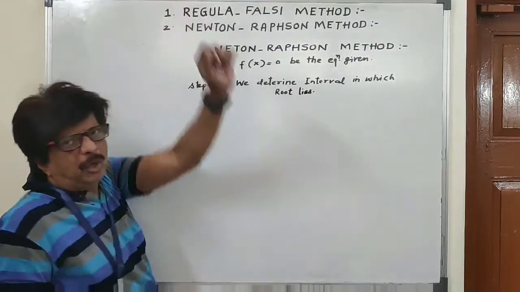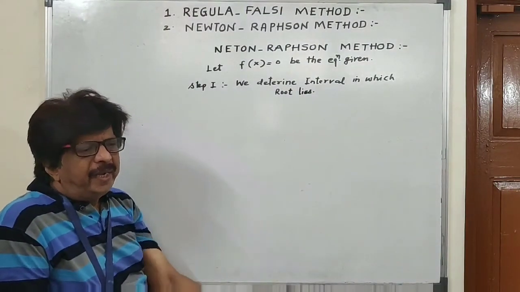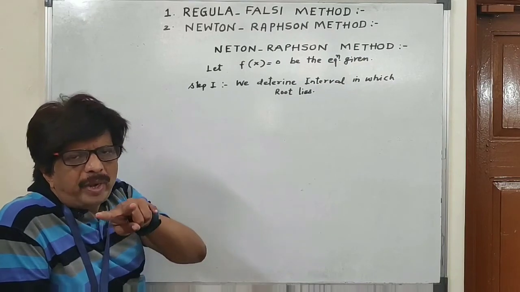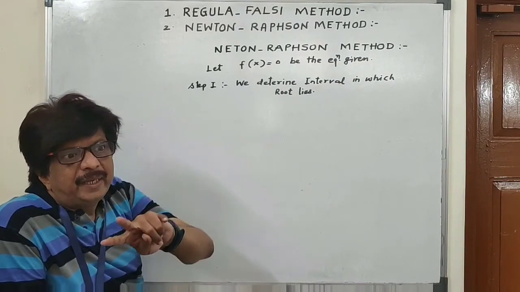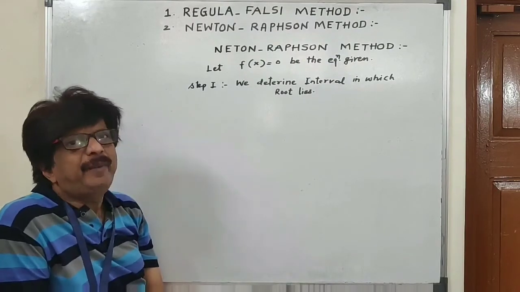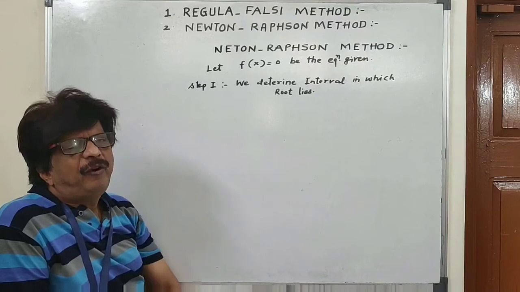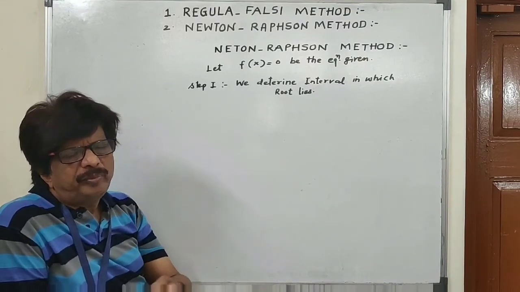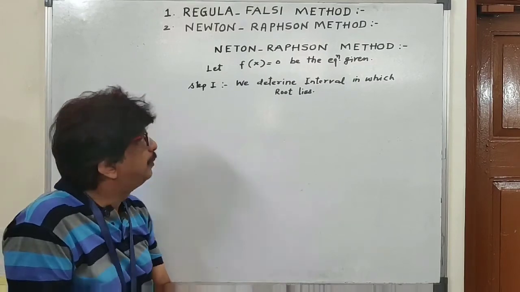We track the root and the interval in which that root lies by selecting 2 points, A and B, such that their signs are opposite. The f of A and f of B must have opposite signs. One should be positive, another must be negative.